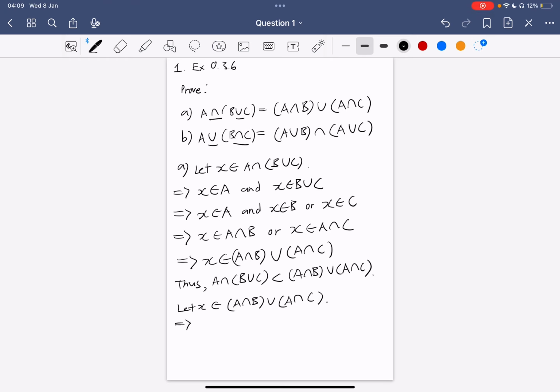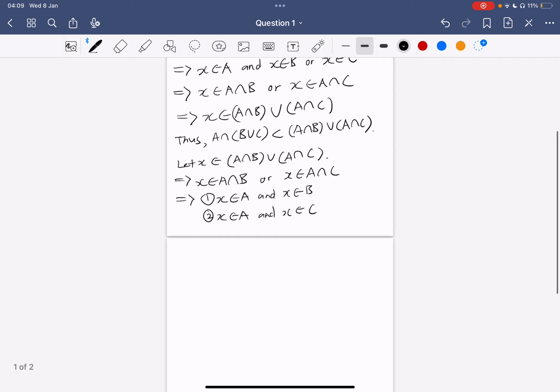This implies that X would be an element of A intersect B, or X is an element of A intersect C. This implies that in case 1, X is an element of A and X is an element of B, or in case 2, X is an element of A and X is an element of C. And we can see that from both case 1 and case 2, X is always an element of A.